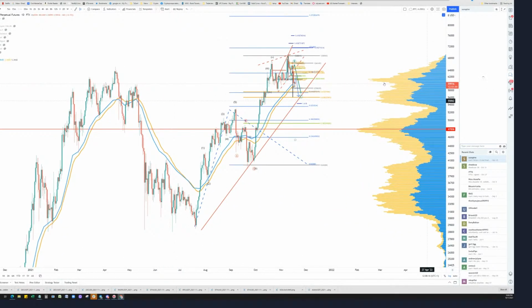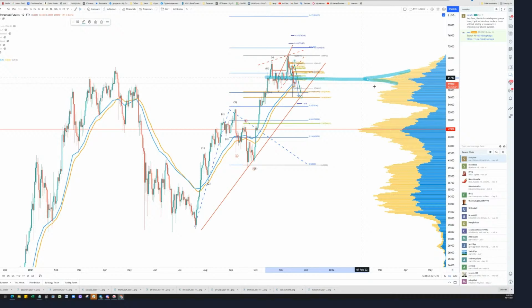And now we've got these volumes on the right with the blue, levels of confluence. So you can see this volume profile. We've pretty much lost that level. So this area is going to act like resistance, like I said.